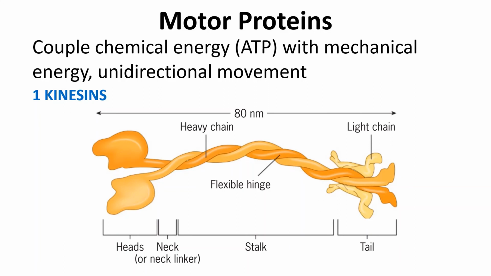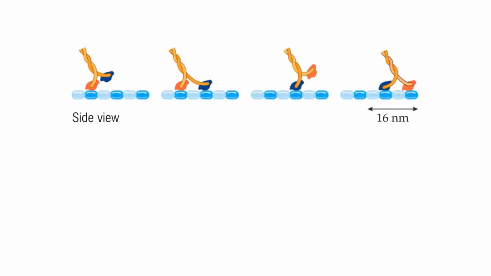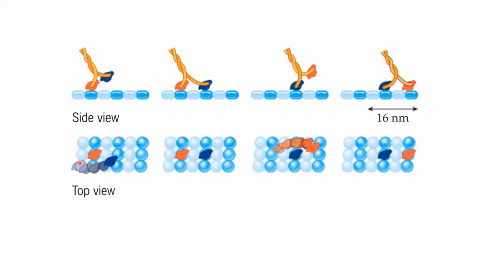So this is how they move. Okay, there is sort of a catwalk-like movement between these different heads. Okay, so as you can see here from the top view, the kinesin is moving along the microtubule as if it's a supermodel walking along the catwalk. And the direction of movement is from negative to positive, and that alone.